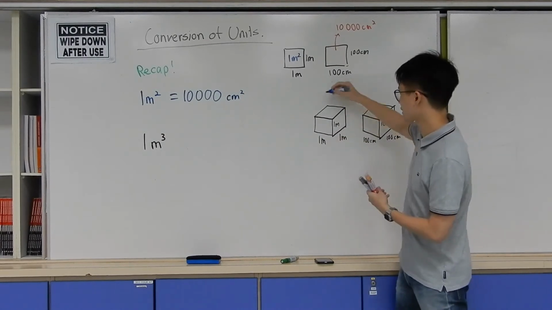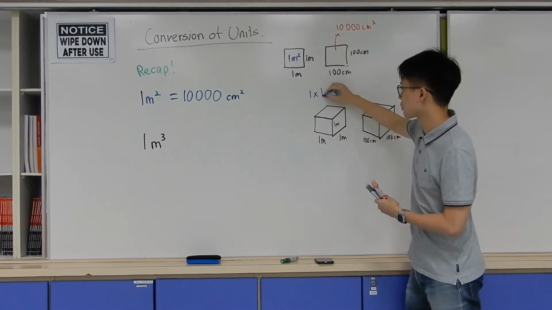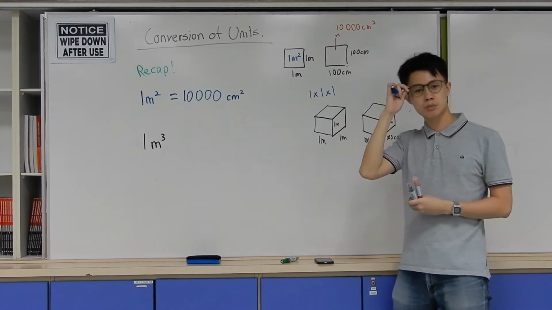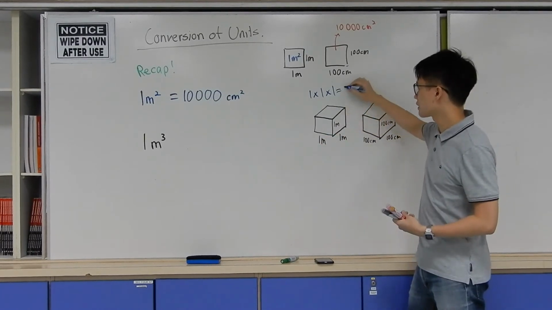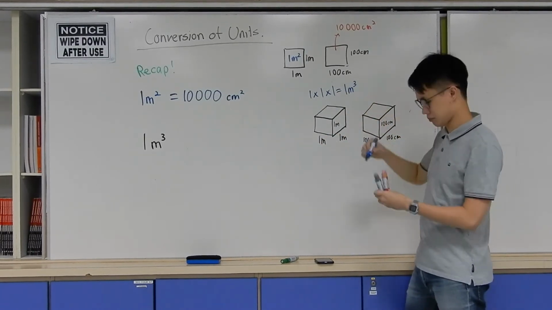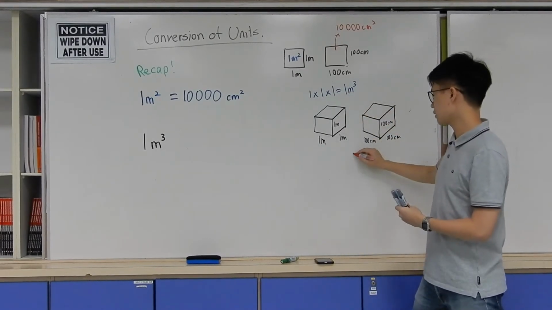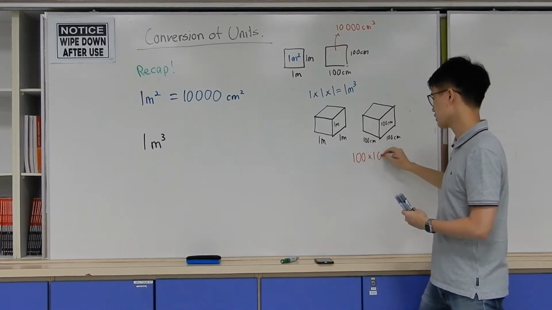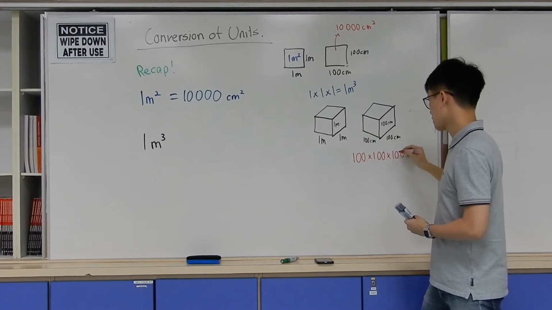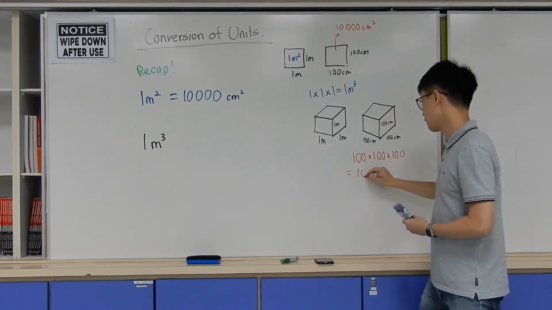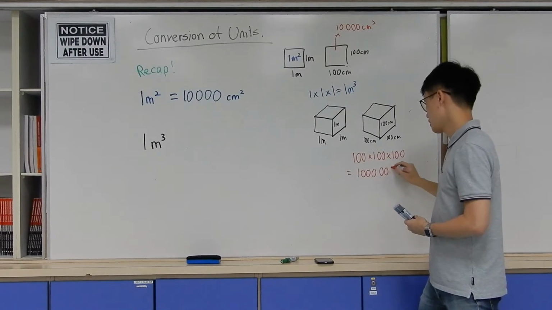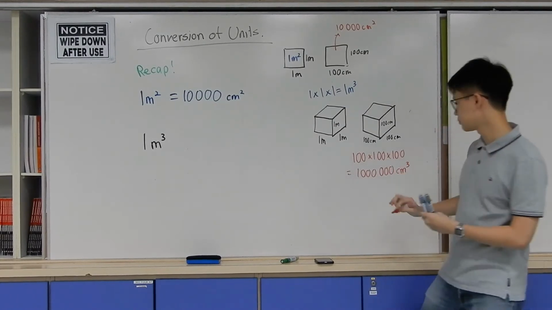I can simply take 1 meter times 1 meter times 1 meter, and this is 1 meter cube. Then for this one, it's the same thing: you take 100 times 100 times 100, which in the end gives you 1 million cm cube.